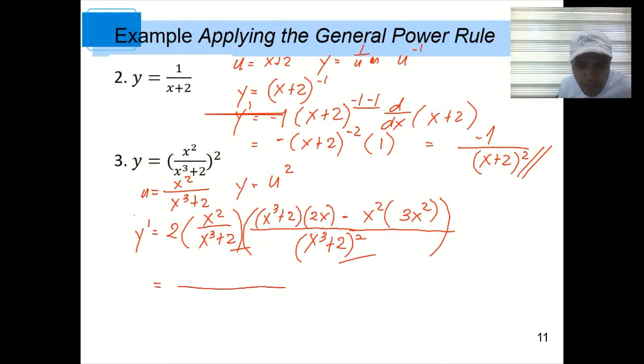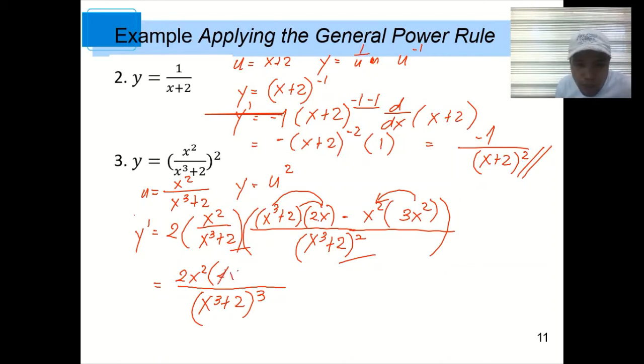Then, simplify natin yon. So, that will be 2x squared. Tapos, may denominator. So, that will be x cubed plus 2 raised to 3. Now, for the numerator, if we will try to simplify this, so this is 2x to the 4th, 4x, then 3x to the 4th.